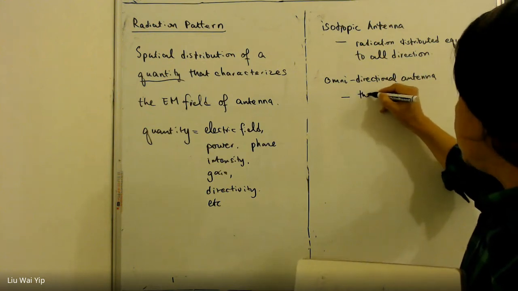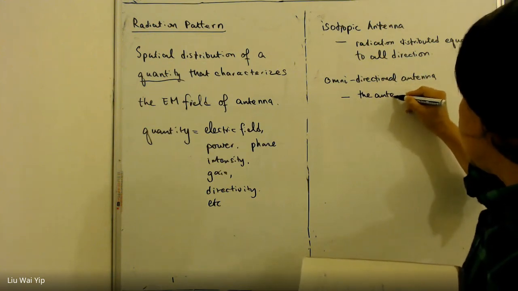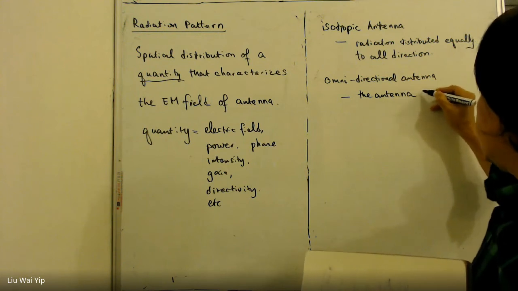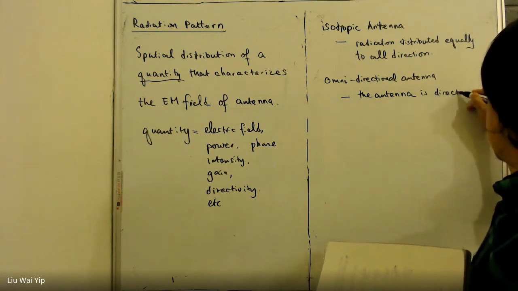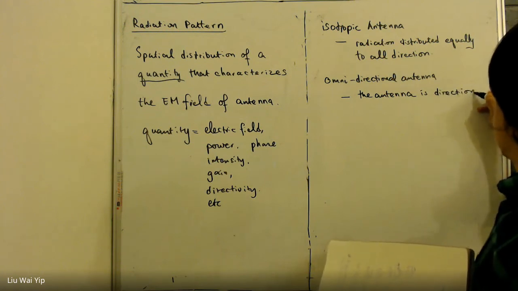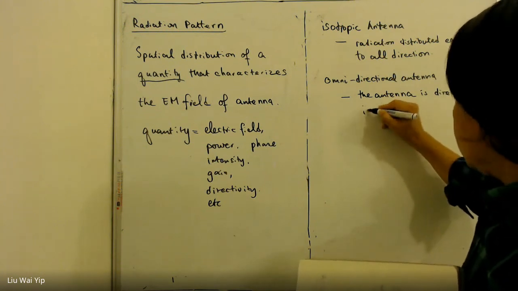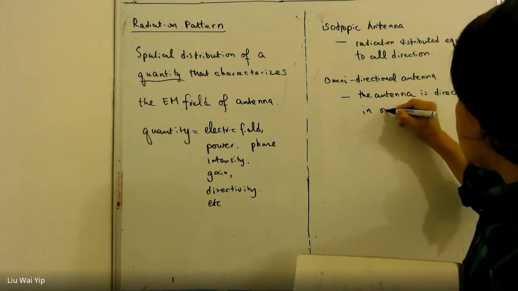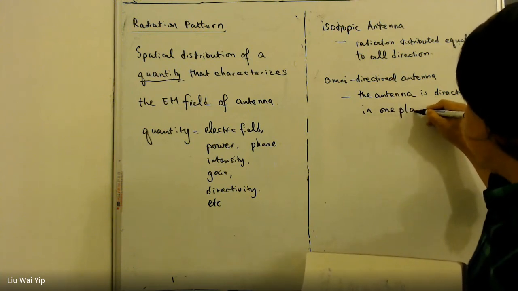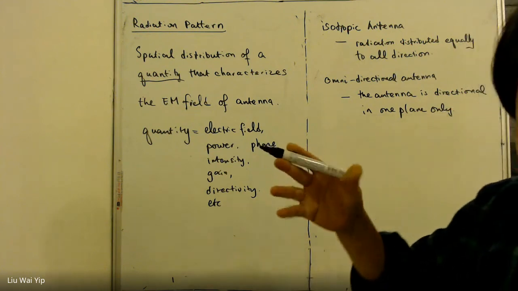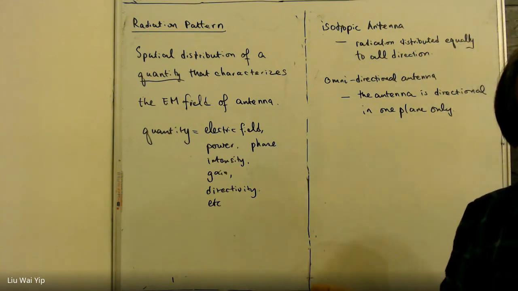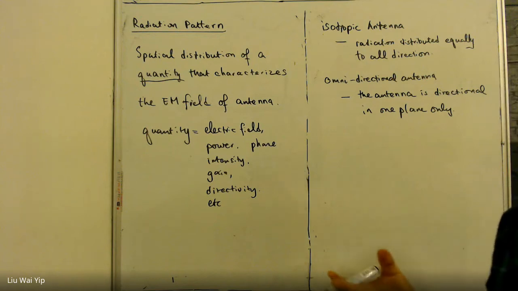The antenna is directional in one plane only. And this one can be an XY plane, XZ plane.